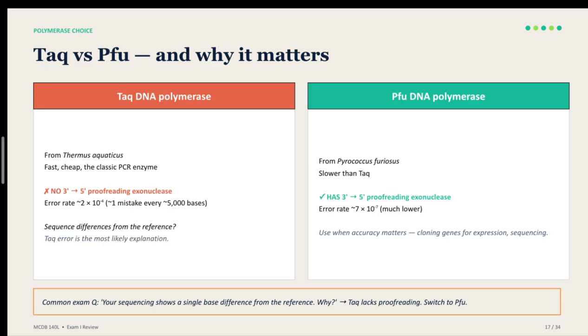So sometimes when you sequence your cloned PCR product and you find a single base mismatch, it's likely due to the fact that you had a Taq error during amplification. And if you switch to Pfu, it would reduce this dramatically. In practice, I personally have never had to use Pfu. But again, I think it's something important to keep in mind.